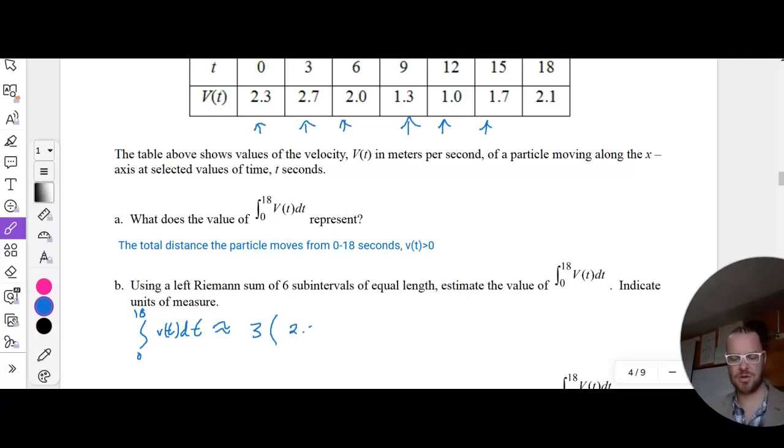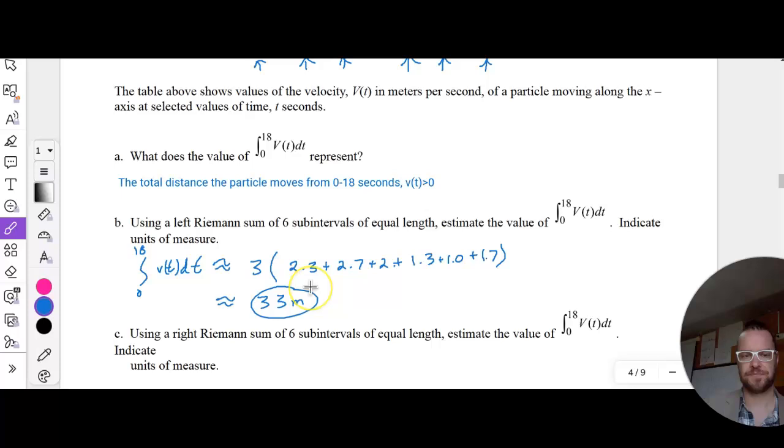All right, so that's going to be 2.3 plus 2.7 plus 2.0 plus 1.3 plus 1.0 plus 1.7, not plus 2.1, almost included that. All right, and if we put that into our calculator and simplify that, which I did here already, it is 33 meters. So that's our estimation there.